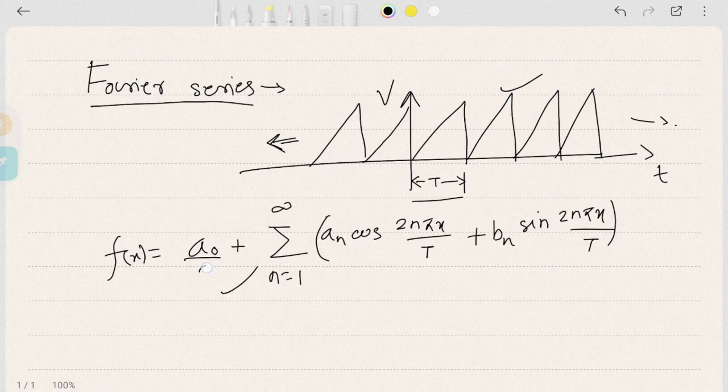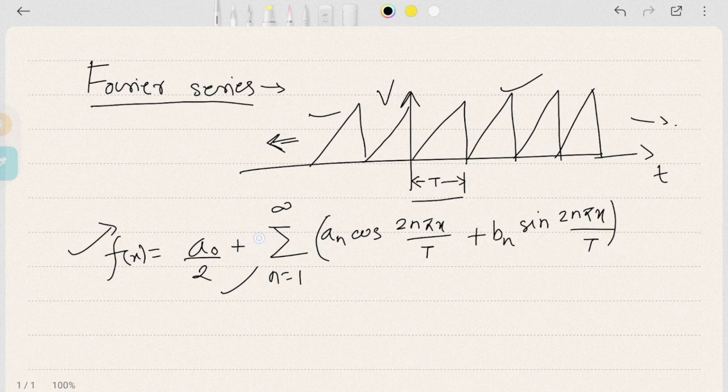You can write also a naught by 2, that doesn't matter. Same thing, just a different formula for a_0. So this is called the Fourier series of this function.